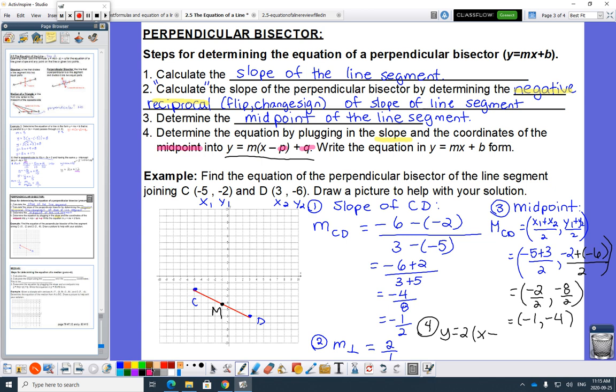I'll even write it down, what I use there. Pink, PQ. So the picture sort of helps, because now if we're going to draw the perpendicular bisector, you can see that C and D are not on that line.